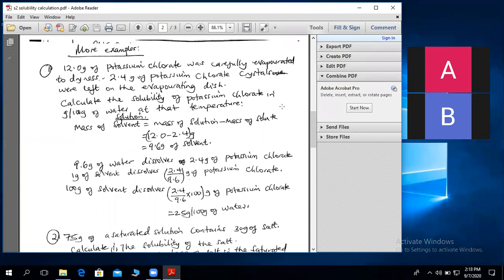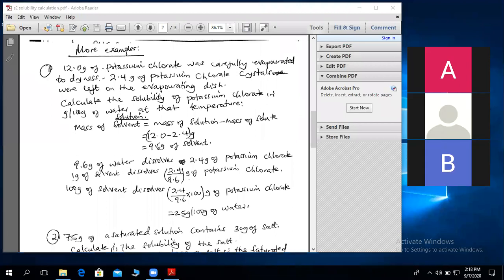You don't have to write, because after the lesson I will send you the notes. 12 grams of potassium chlorate was carefully evaporated to dryness. Full stop. 2.4 grams of potassium chlorate crystals were left on the evaporating dish.